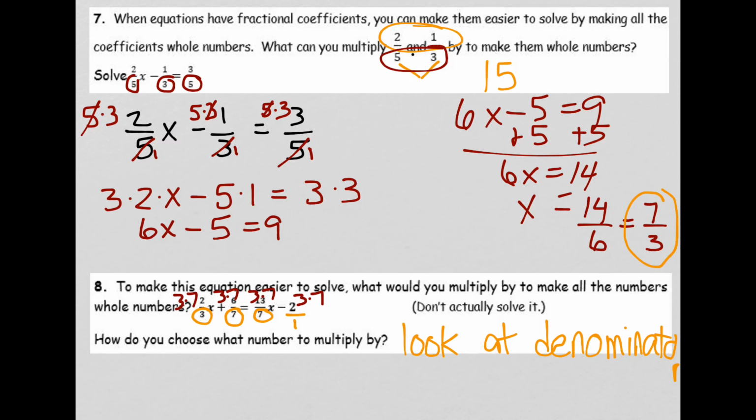That's not a fraction. I don't need to do that. I know it's not a fraction, but you have to multiply every term by the number in order to keep this equation balanced. Whatever you do on the left, you have to do on the right. You know, multiply both sides by 21 is actually what we're doing here. So you can't leave that 2 out. And that's going to be the most common mistake people make, is they forget the numbers that aren't fractions. Okay, we're not going to actually solve it because it says don't.